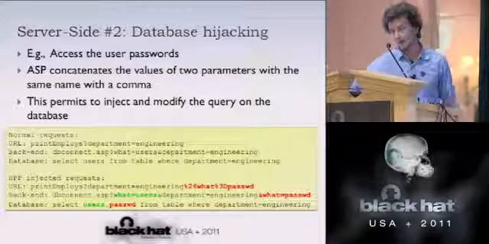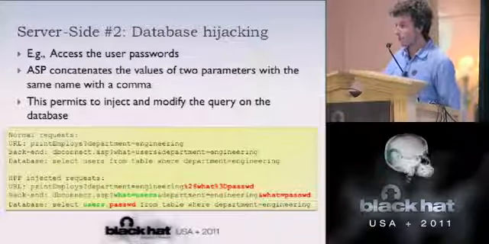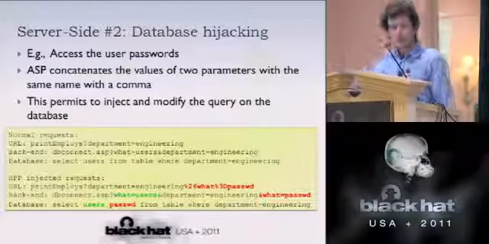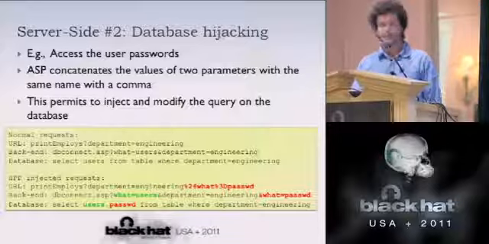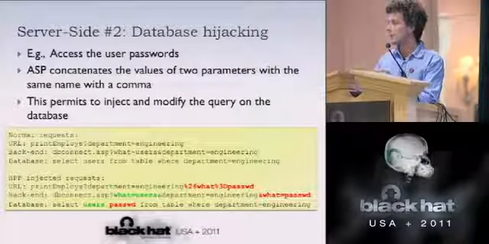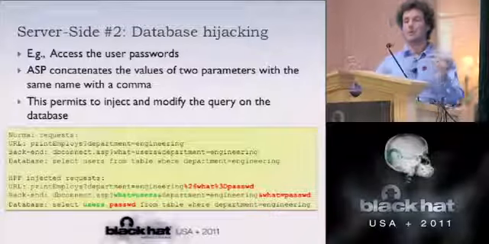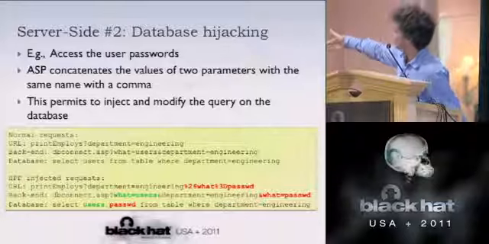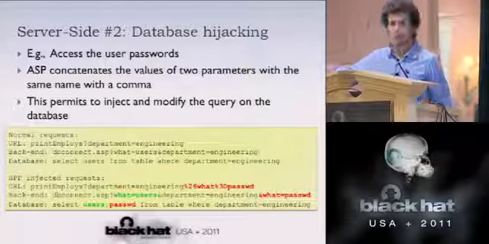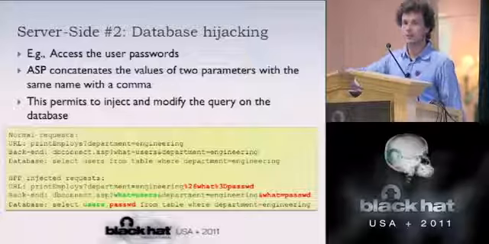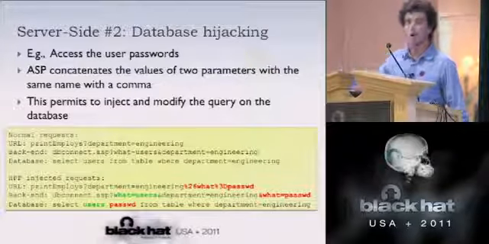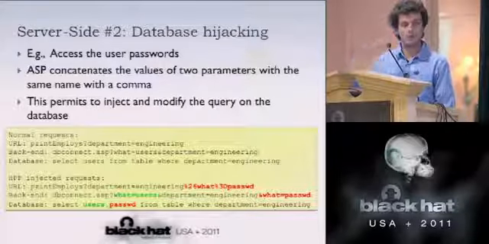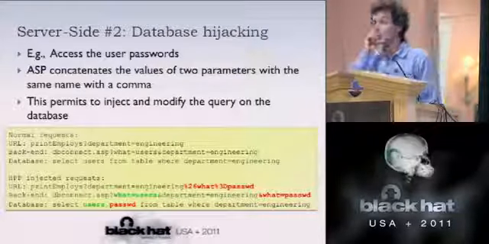Because the attacker has been able to inject a second parameter called what, and in this case the application is ASP, and in ASP, as I showed you before, when you have two parameters with the same names, the values of these two parameters get concatenated with a comma. So in this example, the attacker would be able to get not only the list of colleagues of the engineering department, but also the list of passwords for these users.